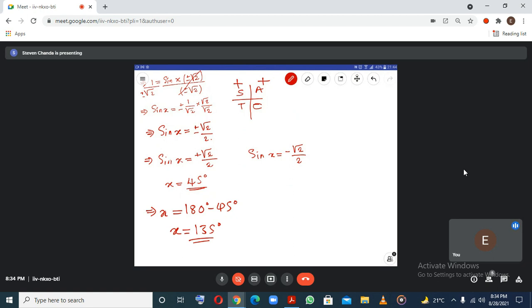Then we now start finding the answers for the parts where it's going to be negative. So you're looking at those angles in the third and fourth quadrant, where you say 180 plus the acute angle 45.